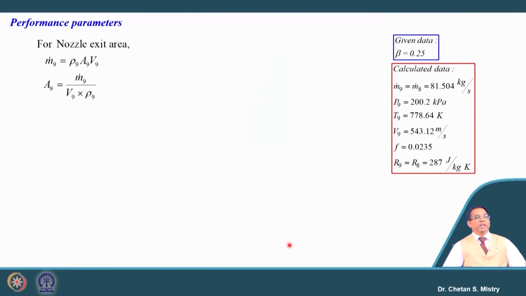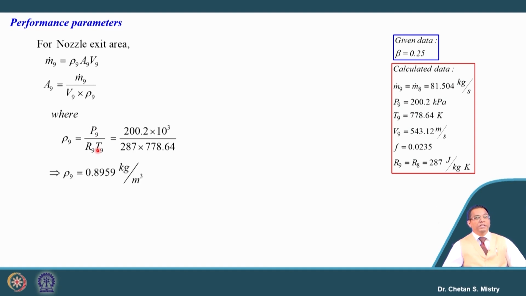We know the mass flow rate coming out from the nozzle is given by density into area into velocity. This mass flow rate we have calculated, V9 also we have calculated, and my density we can calculate, it is P9 by RT9. If we put all these numbers, density is coming to be 0.89 kg per meter cube.